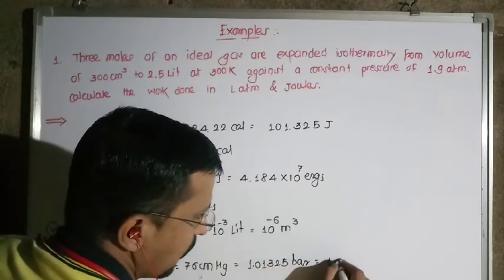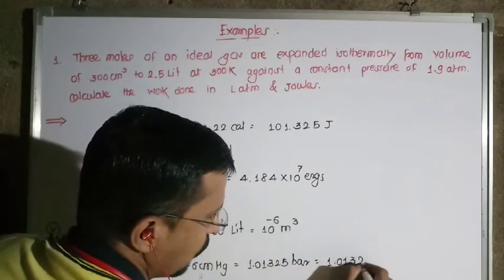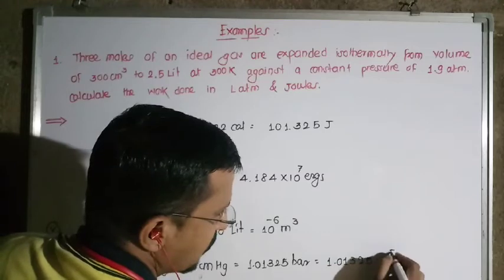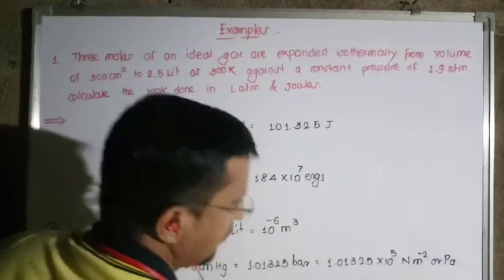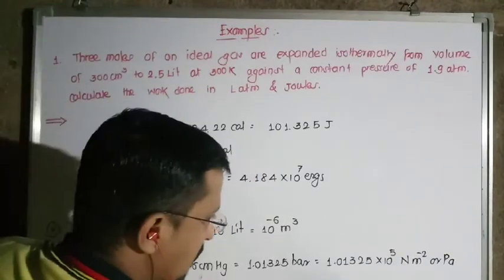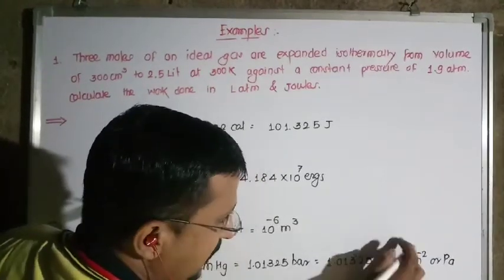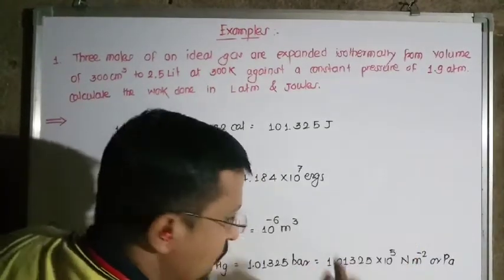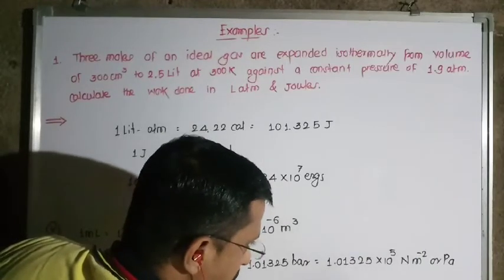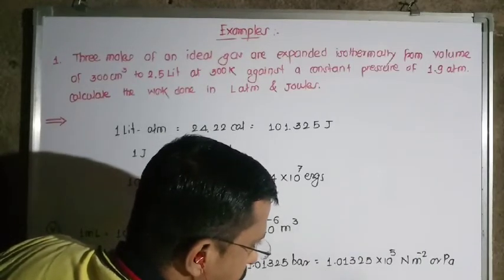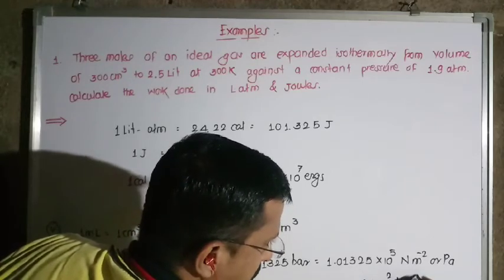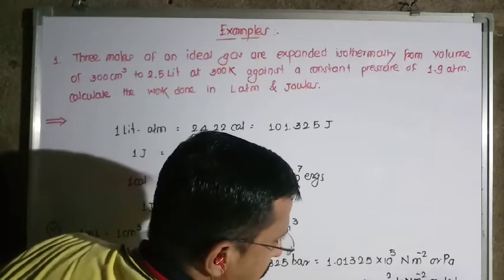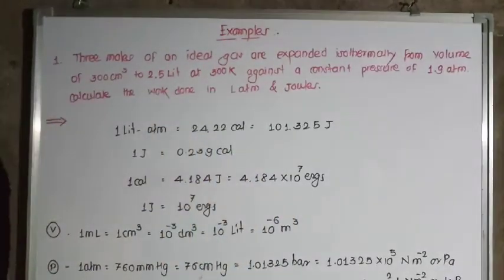It is equal to 1.01325 into 10 raised to 5 Newton per meter square or Pascal. Converting that by 10 raised to minus 3, it becomes 1.01325 into 10 raised to 2 kilo Newton per meter square or simply kilo Pascal.